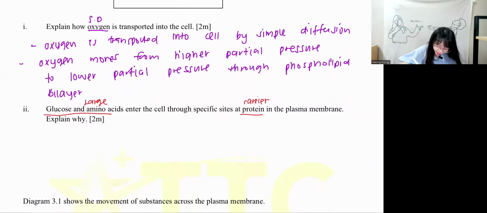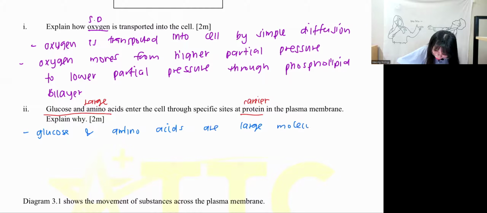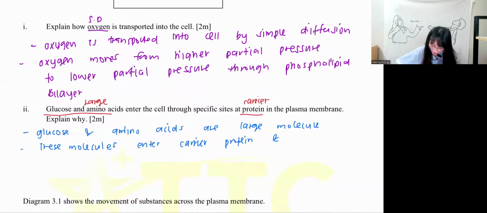So to write your answer, we're going to write glucose and amino acid are large molecules. This molecule enters the carrier protein, and that has a specific site, or a binding site, active site also can.